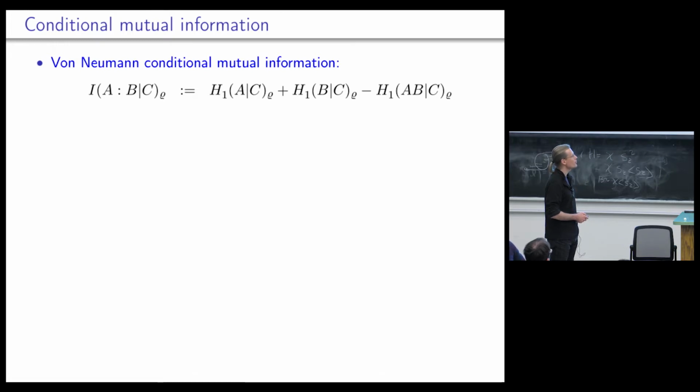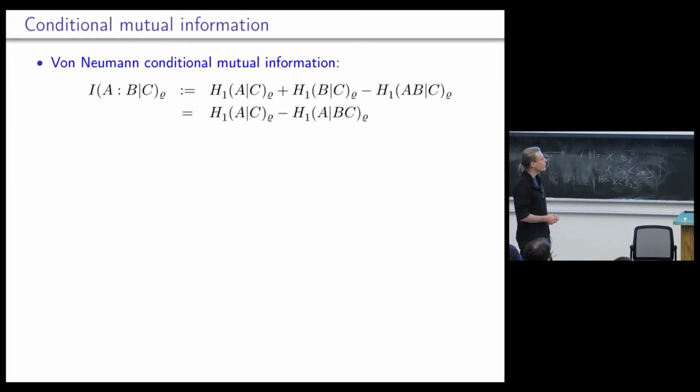So the mutual information formula was just the sum of the entropies of the subsystems minus the entropy of the joint system. And here we just put a conditioning on a third system everywhere. Why not? An equivalent way of writing it is, again, we can express the mutual information as the difference of the entropy of A minus the entropy of A conditioned on B. And here we put an extra conditioning system C.